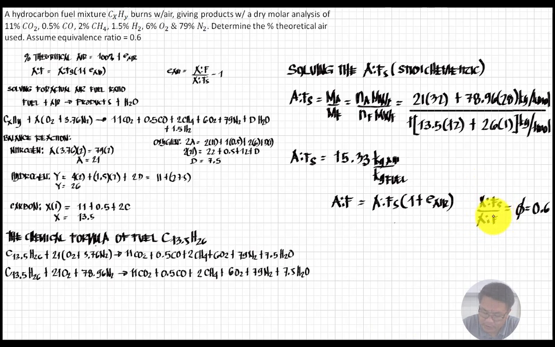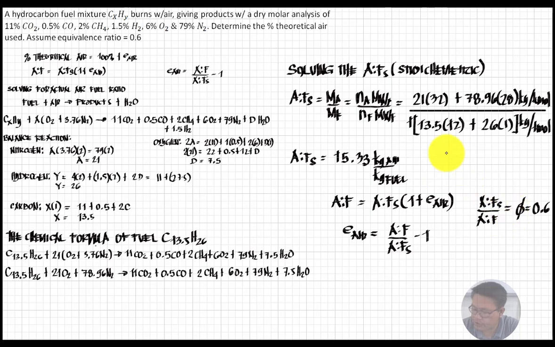Since we need to determine the actual air, excess air, theoretical air, so determine the percent of theoretical air use. Okay, so since we have here your equivalence ratio, we can rewrite the equation of the equivalence ratio.